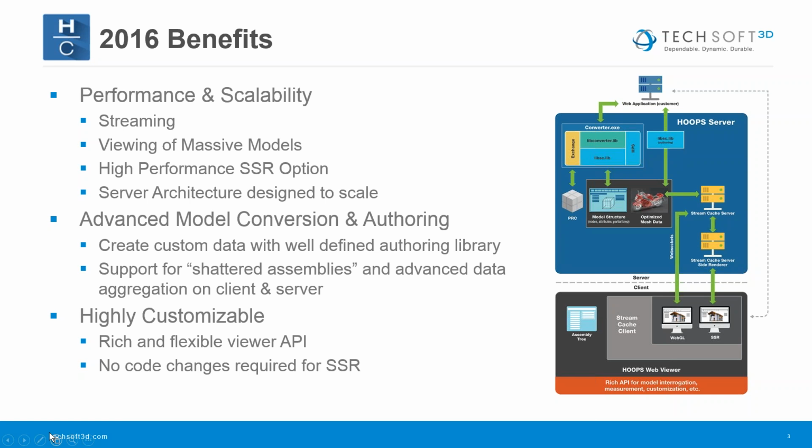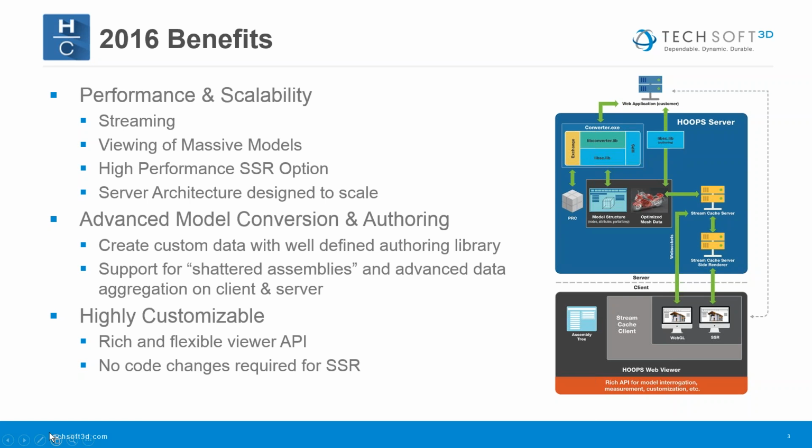So you can combine models from different sources, or you can work with assemblies in a more natural way by leaving them in this shattered capacity. So basically, a much more powerful and much more flexible way to work with complex assemblies and to aggregate data on the client.